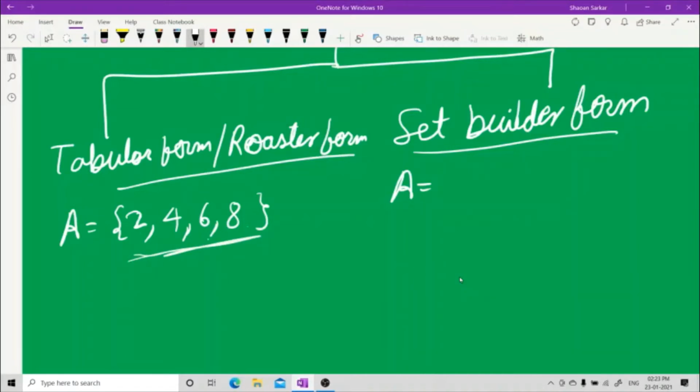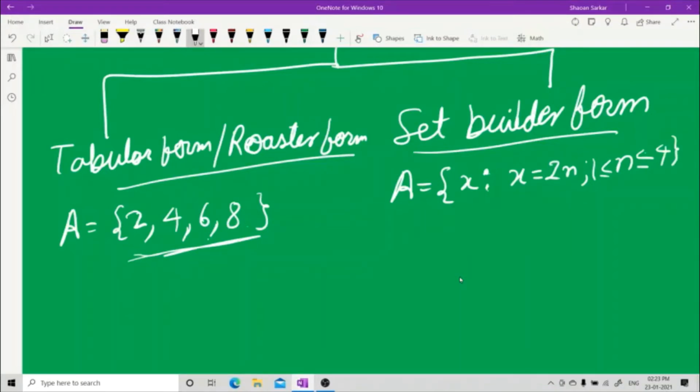In short, I will write A = {x : x is 2n where n goes from 1 to 4}. This colon means such that, ये colon का मतलब होता है such that.